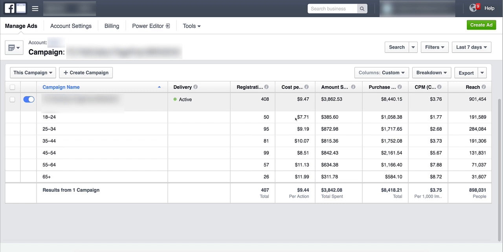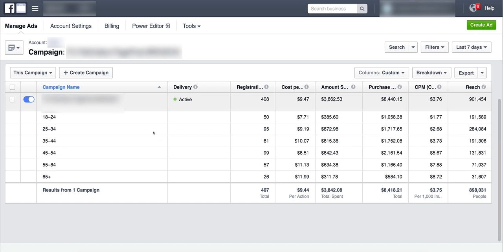So look, as the age group increases, the conversion rate declines and the cost per conversion goes up. So it looks like the older I go, the less profit I make. Interesting. So I spent $800 to generate $1,700.